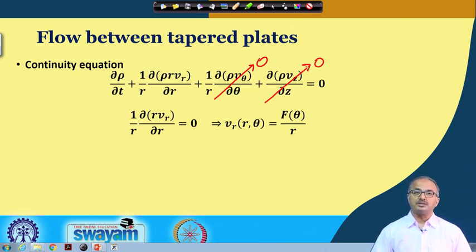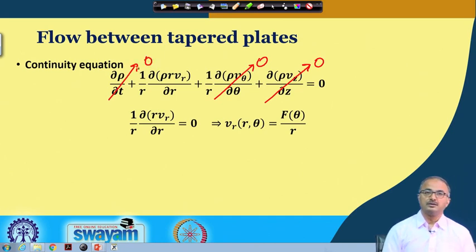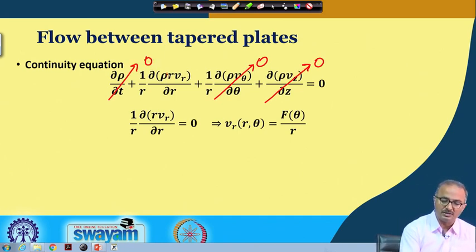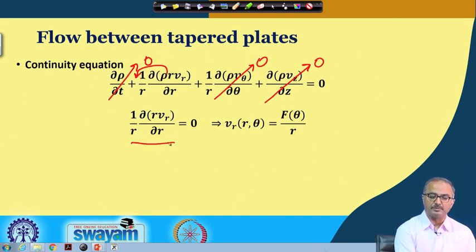Because it is incompressible, we are taking this to be 0, and this rho is taken out of the differential.